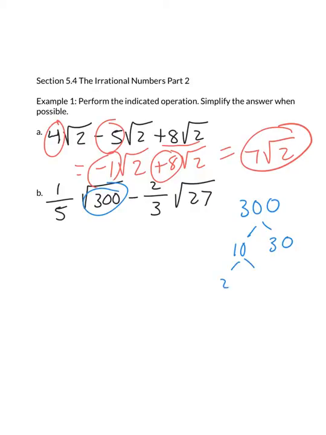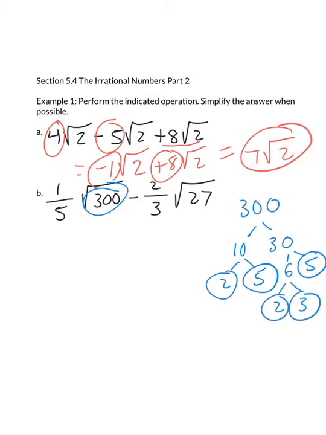10 goes down further. Remember, you're done once you have all prime circled numbers at the ends of the branches here. 10 goes down into 2 and 5, so that's done. For 30, I'm going to go with 6 and 5, so the 5 branch is done. 6 goes down, though, into 2 and 3. You can go further if you have a matching pair, and we got a couple of matching pairs of numbers.